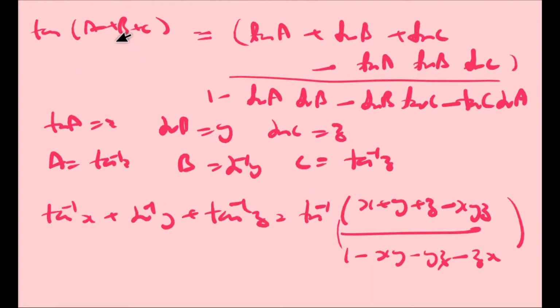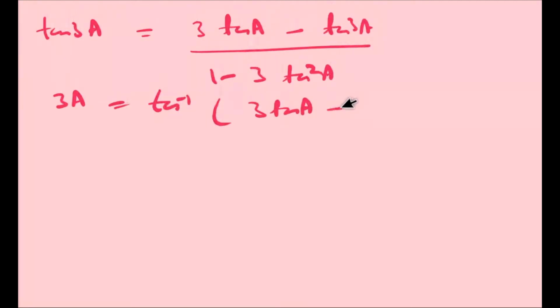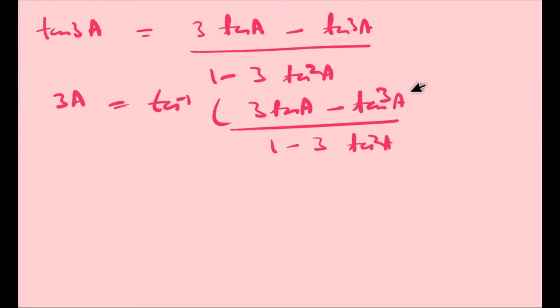Now if we put b equal to a and c equal to a, then we get the formula tan 3a, which is (3 tan a minus tan³ a) upon (1 minus 3 tan² a). So 3a equals tan⁻¹((3 tan a minus tan³ a)/(1 minus 3 tan² a)).